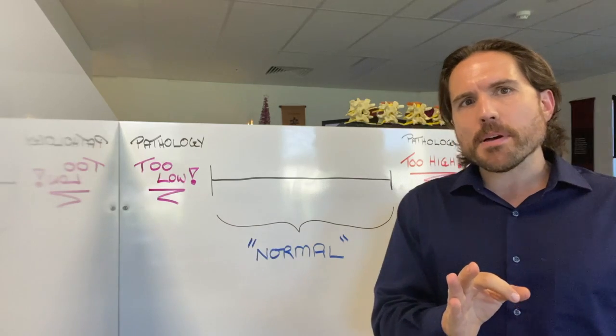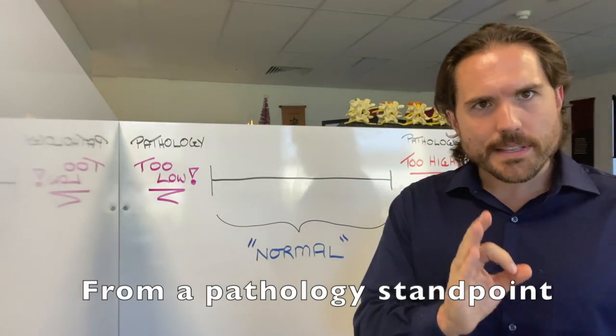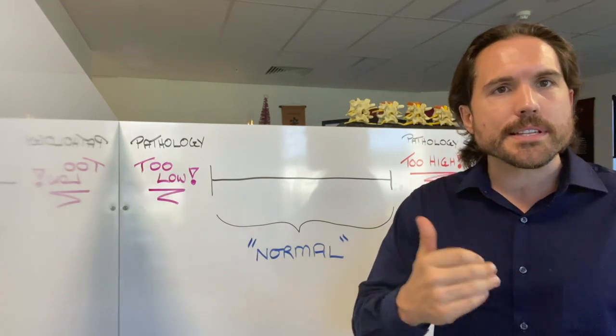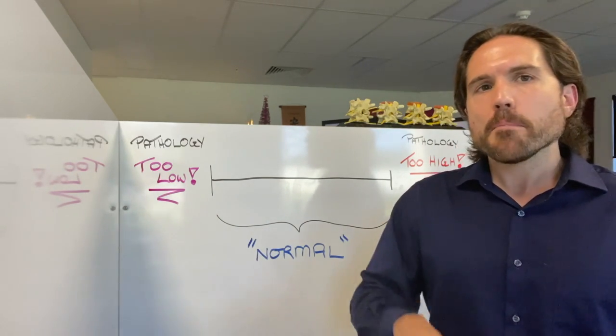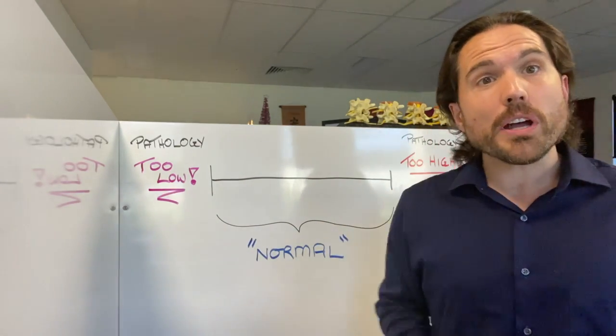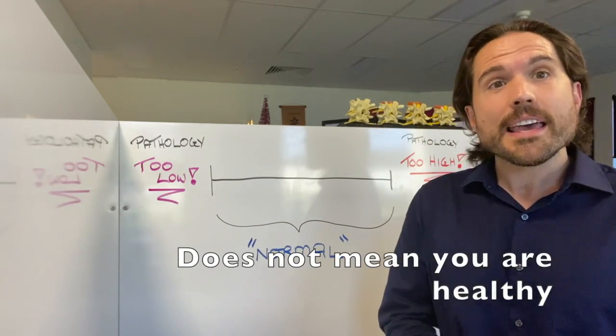Now that's talking about things from a pathology standpoint. Pathology is to the point when you are dealing with full out disease, dysfunction, something like that. But what I want to illustrate is just because you are not at these two extremes does not necessarily mean that you are actually healthy.